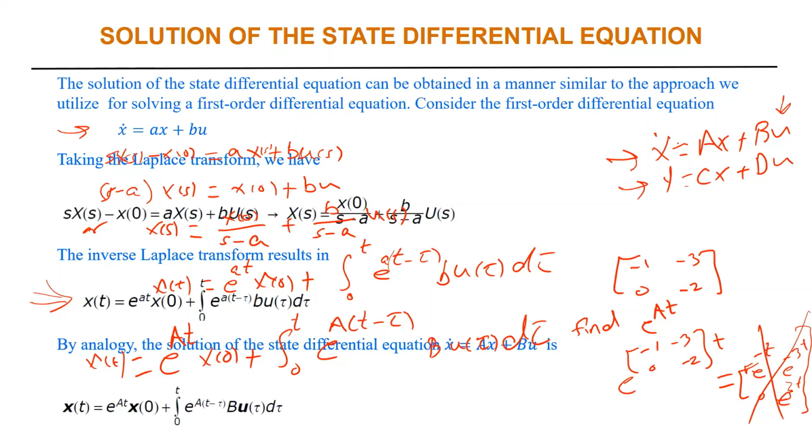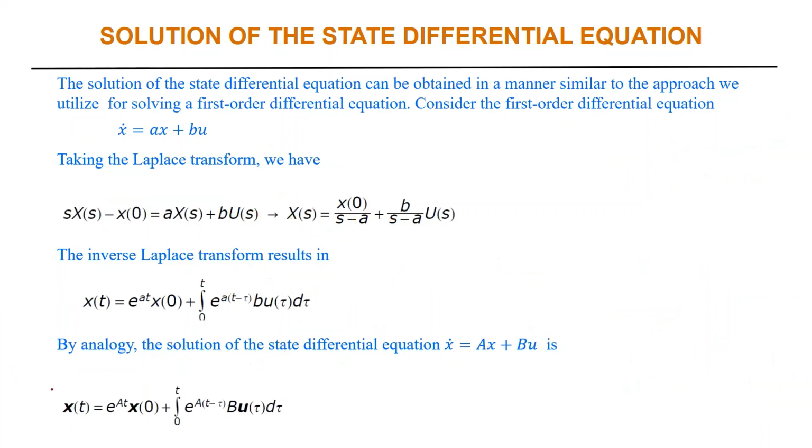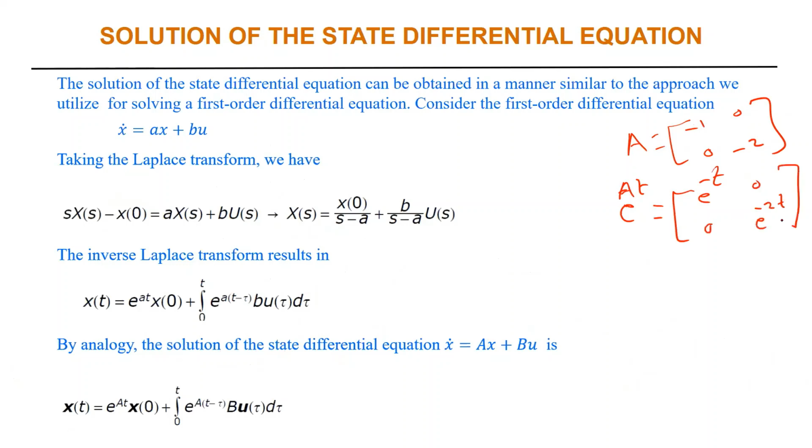Unless, suppose A equals [-1, 0; 0, -2]. Now e to the AT, in this special case, equals [e to the power minus T, 0; 0, e to the power minus 2T].